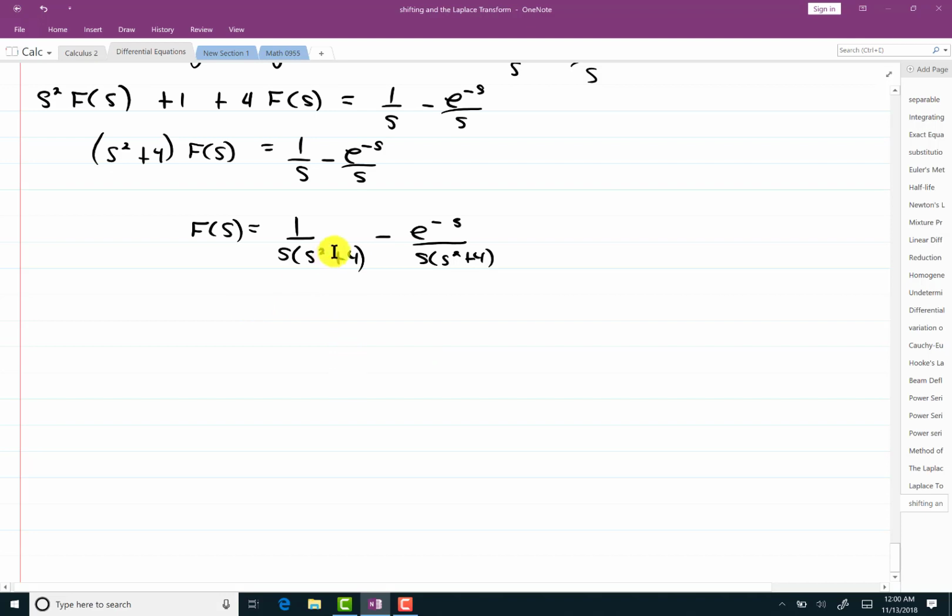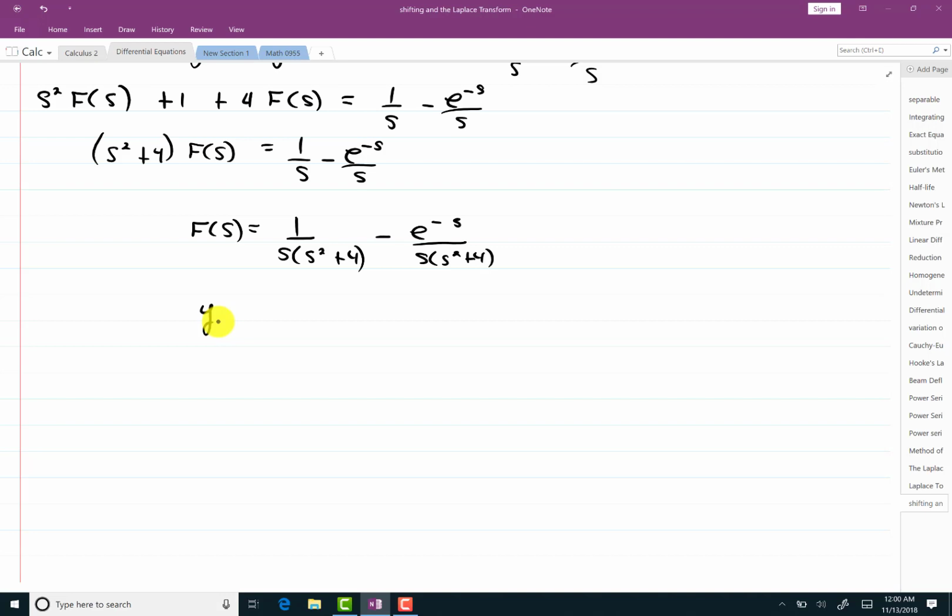In fact, let me stop here for just a minute. And this is now perhaps the time that I want to discuss the Laplace tables that we'll be using. Ultimately, what I want to do right now, if I can, is find the inverse Laplace of all of this.